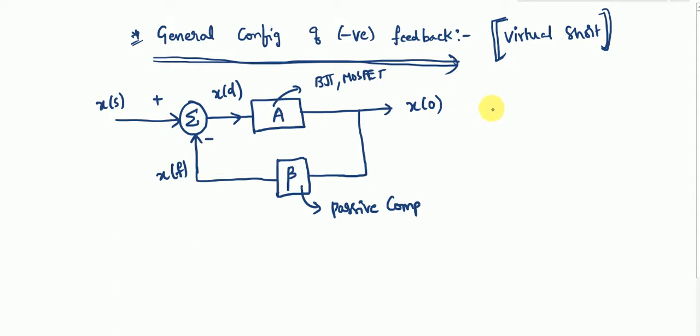Now from this you can write X of 0, that is X of out, or X of 0 for the time being, it is easy for me to pronounce. X of 0 you take as the output.